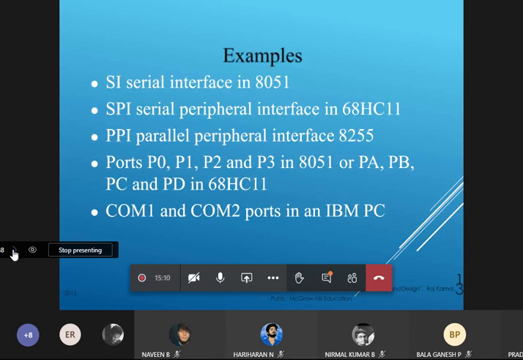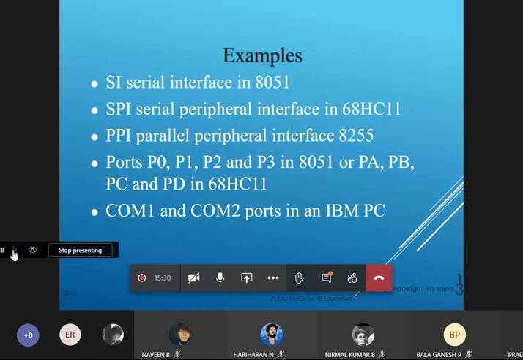Here they have given examples of what input and output ports are available and how they communicate. There is the serial interface, the serial peripheral interface, the parallel peripheral interface, and the ports. If you remember the 8051, there are 4 ports: port 0, port 1, port 2, and port 3.